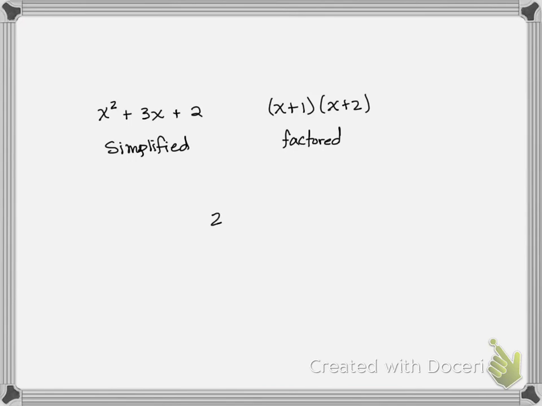They are equivalent expressions, but they are different processes. If I gave you 2 times 3 and you wrote it as 6, that would be simplifying. If I gave you 6 and you wrote it as 2 times 3, that would be factoring. We factor for a specific purpose, like to simplify fractions so we can cancel common factors, or to solve equations.